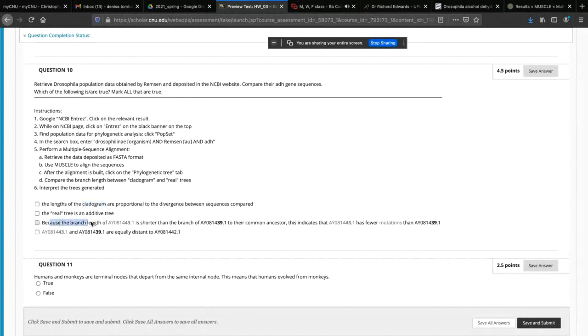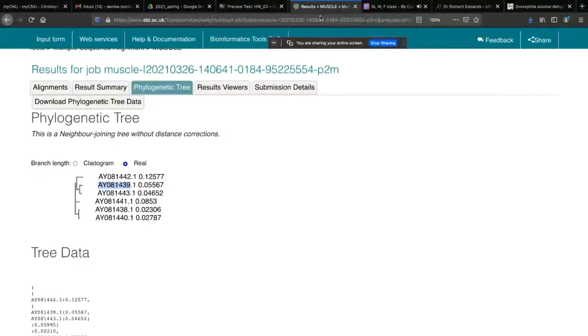So the part I was just explaining is this, that the branch on the 43 is shorter than the branch of the 39. Let's see if that part is true. Let me move over here. Yeah, so the 43 one is here and the 39 is here. So that branch is shorter.